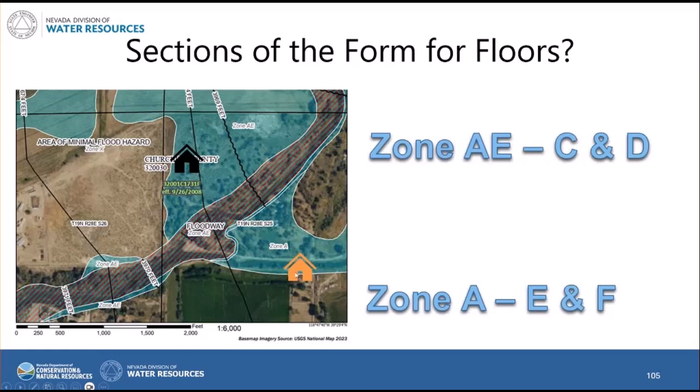So let's say this building is partially in zone X and partially in zone A. Because we're in zone A, we're still going to collect information about that building. It's in the special flood hazard area, so the floodplain rules apply. We're going to collect measurements in section E, but you, me, or anybody can fill that out and then sign it in section F. Because there's no published BFE, we don't need a surveyor or engineer to fill out section C and D, although we could, but C and D have to be filled out in zone AE. In zone A, you can optionally fill out E and F instead of C and D.